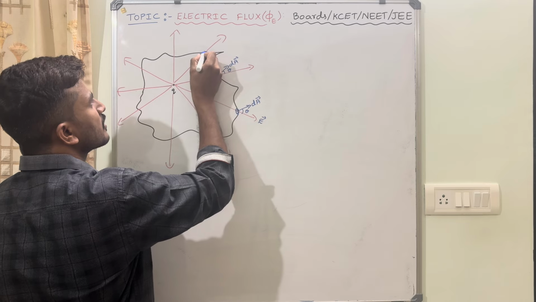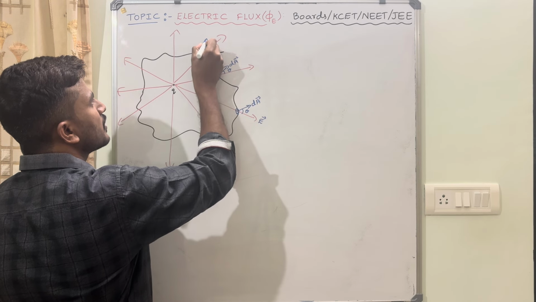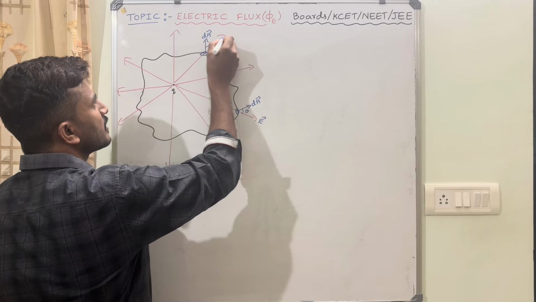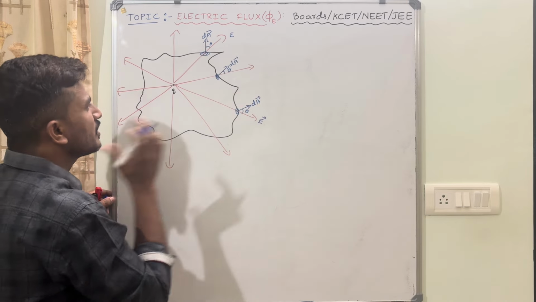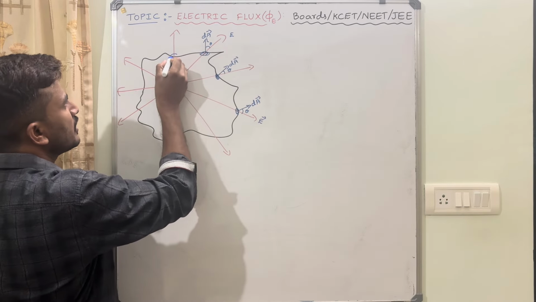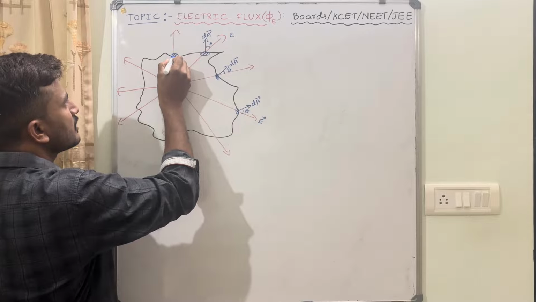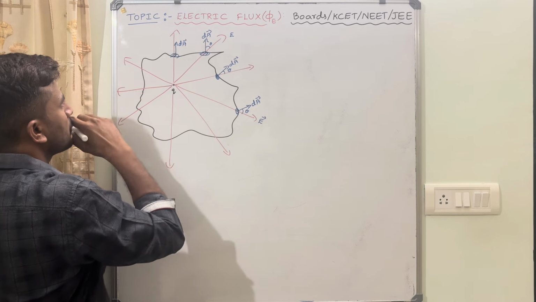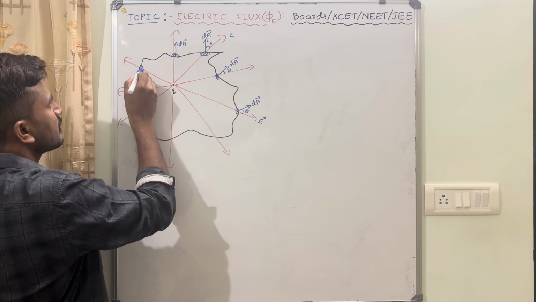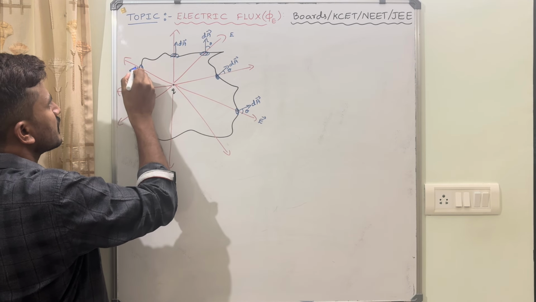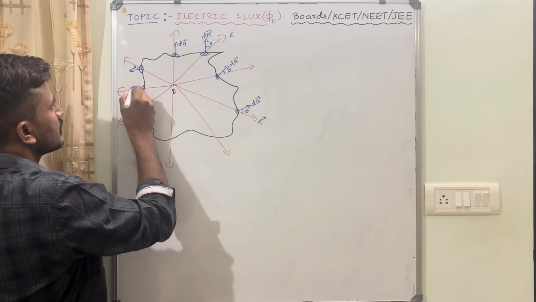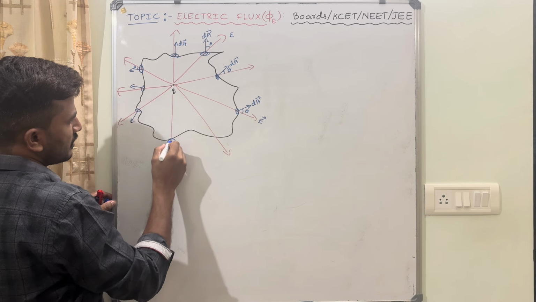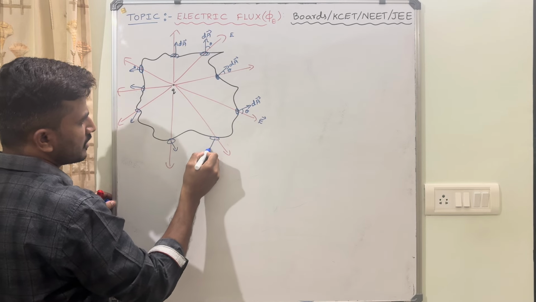Here the area vector is perpendicular to the area, making an angle theta. Different thetas I am talking about. So here the area vector is in the direction of the electric field, so the angle is 0. Here some angle is there, here also there is some angle, here in this direction, here in this direction.